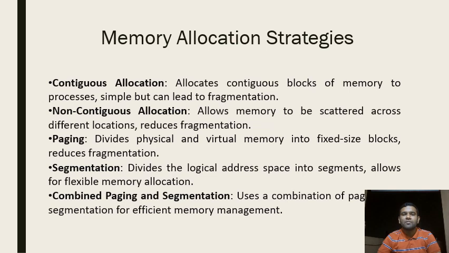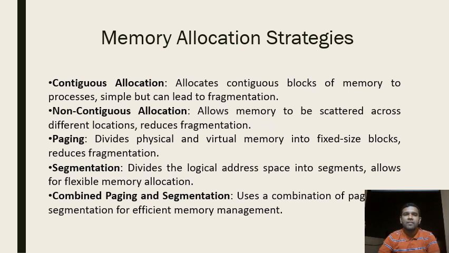This reduces fragmentation. Segmentation divides the logical address space into segments and allows for flexible memory allocation. Combined paging and segmentation uses a combination of paging and segmentation for efficient memory management. These are the different types of memory allocation strategies.